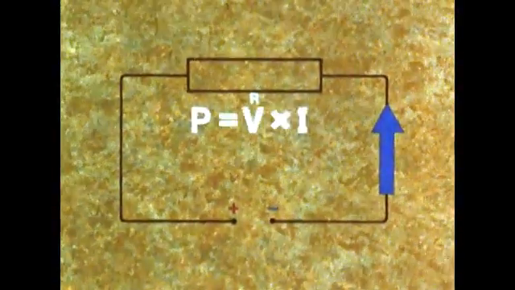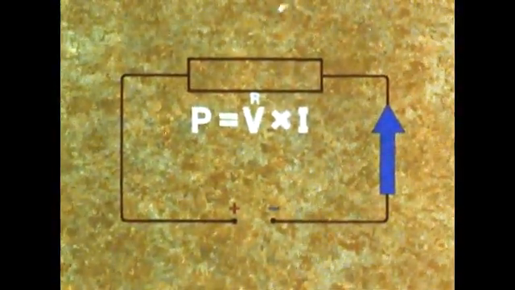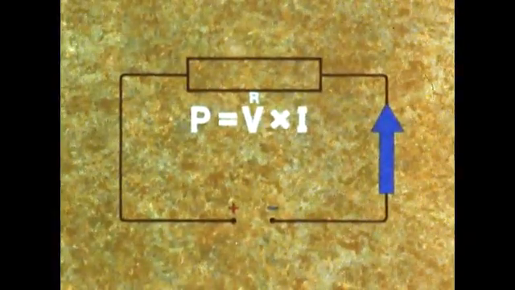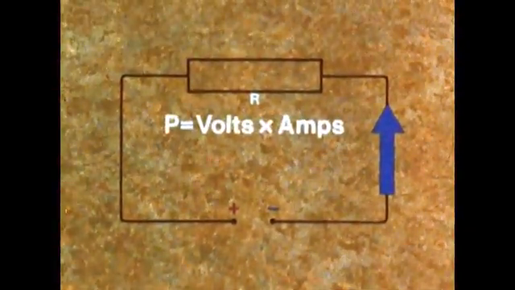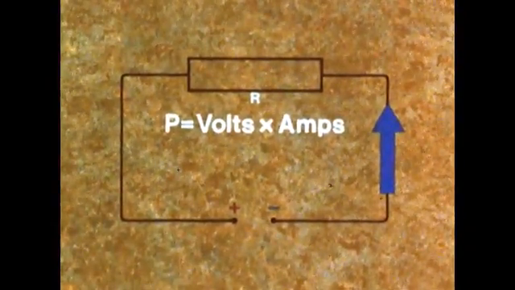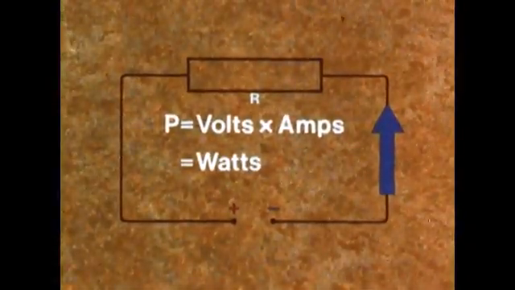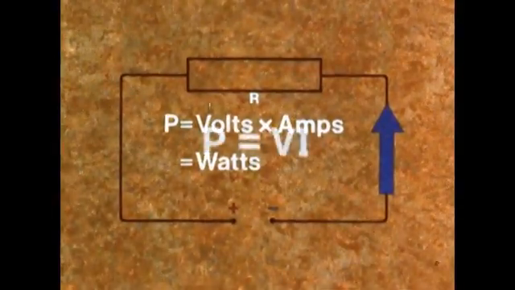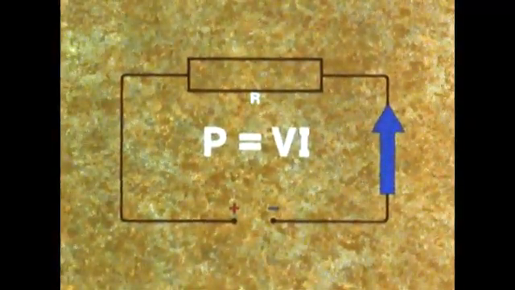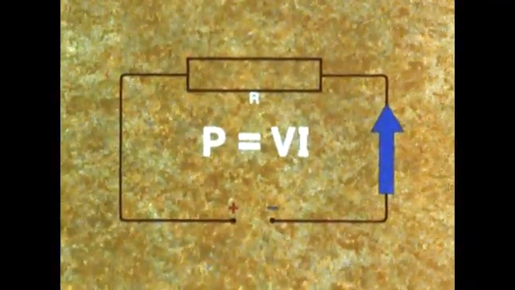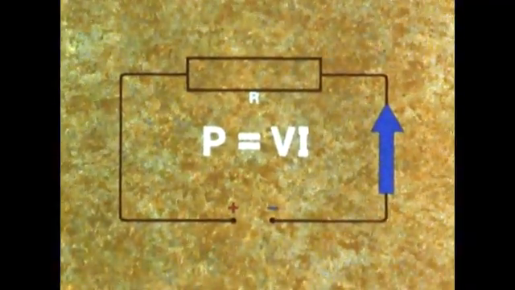So P, the power absorbed in the circuit, is given by V times I, volts times amps, and is measured in watts, W. This is the power formula. P equals VI. We don't always have to say times I. P equals VI is enough.